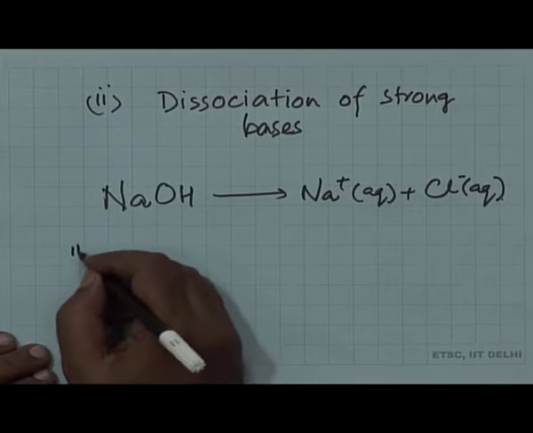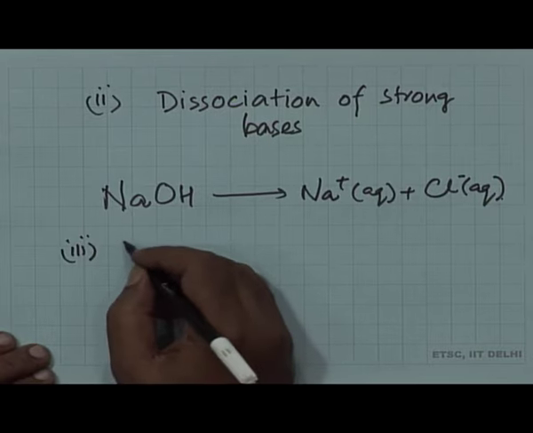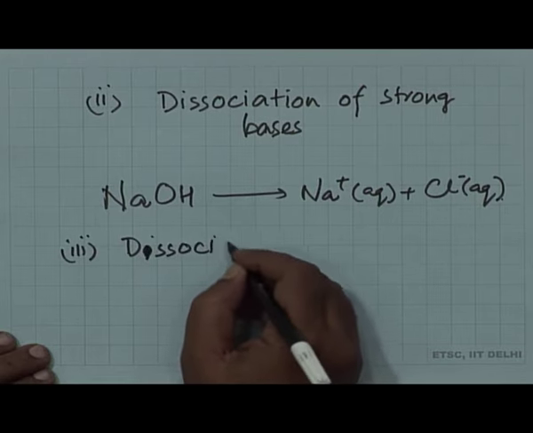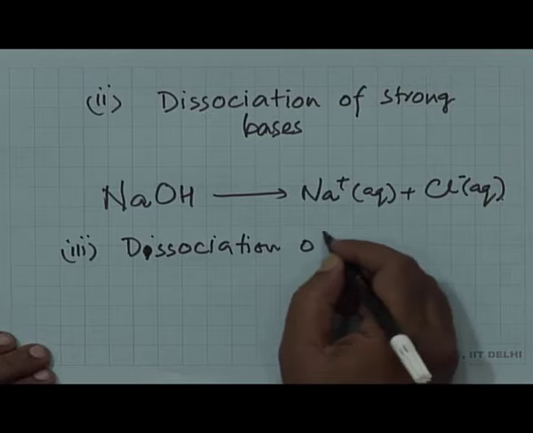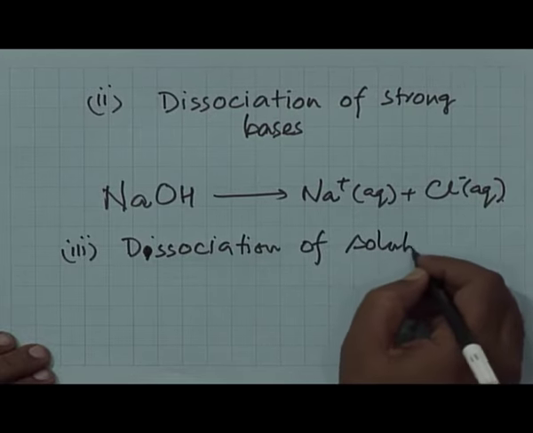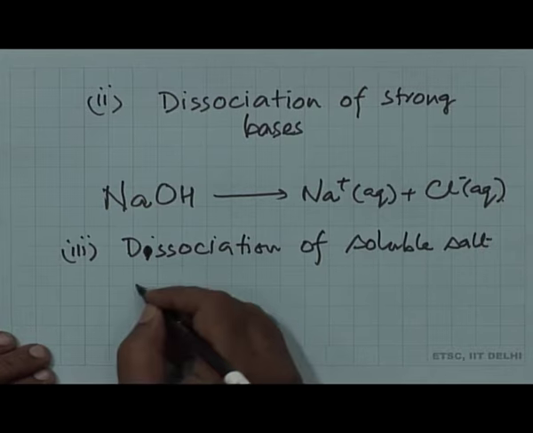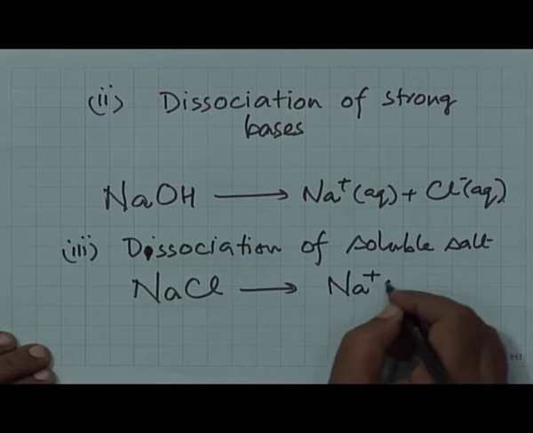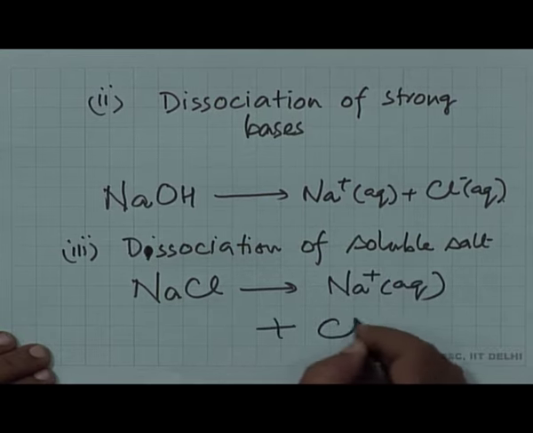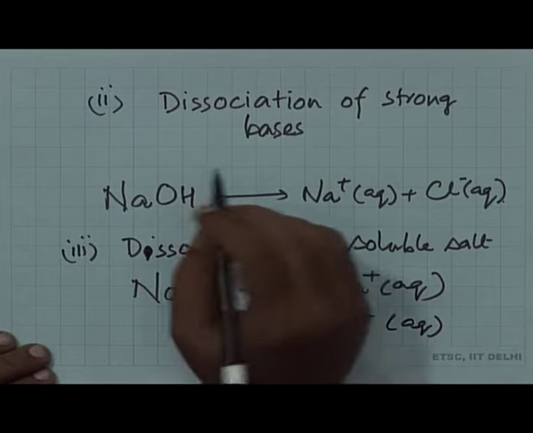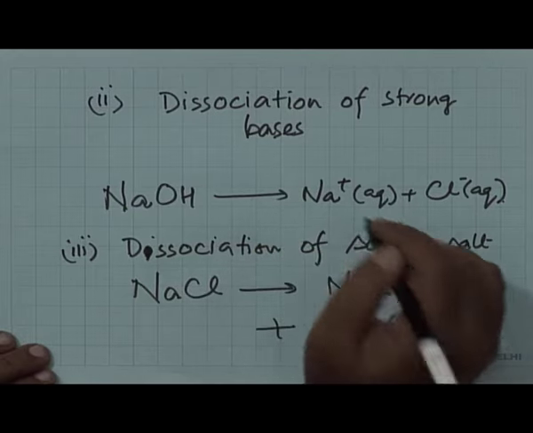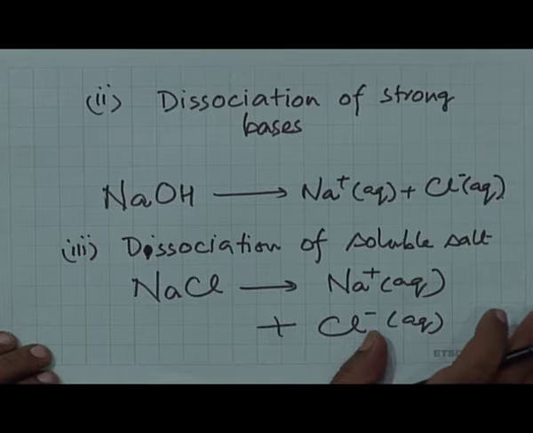And the last one is dissociation of a soluble salt, for example NaCl. This is also irreversible. This gives you Na plus aqueous plus chloride ion aqueous. So, dissociation of strong acids, strong bases or soluble salts is irreversible, and we cannot apply the concept of equilibrium.